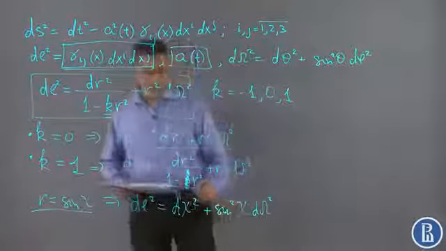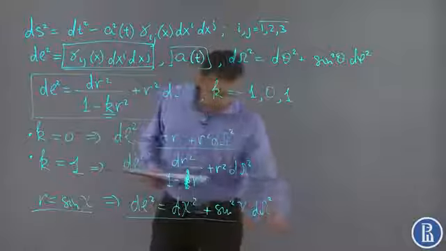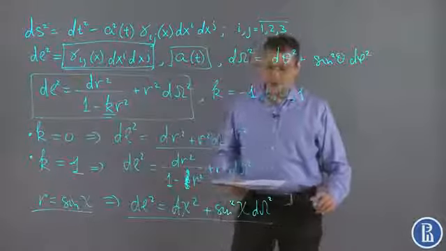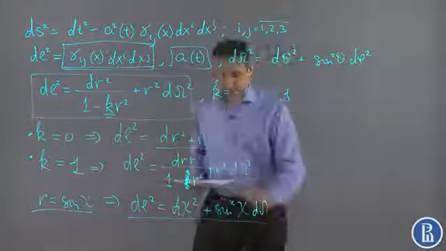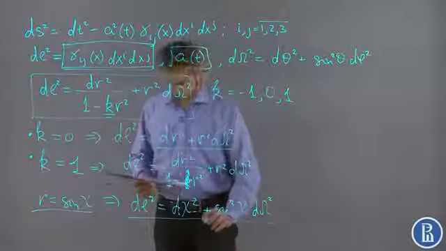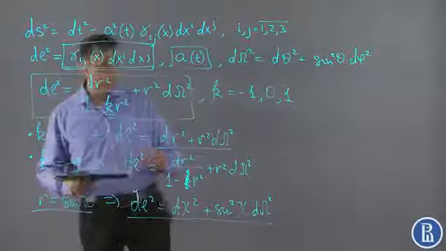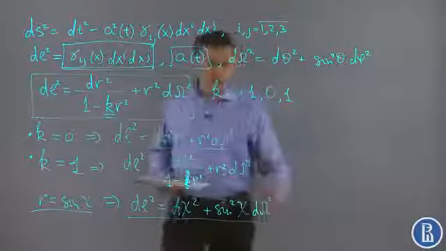We actually have encountered this metric in the lecture on Oppenheimer-Snyder collapse. This metric describes the three-dimensional sphere. Indeed, let us see that. What is a three-dimensional sphere?